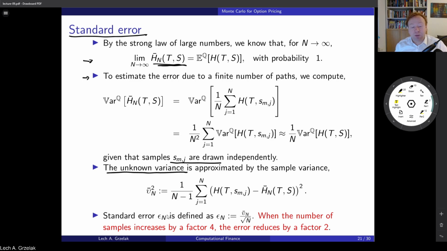And then the definition of the standard error, the error that we are actually interested in, how much variability is in our expectation given a certain number of paths, is known asymptotically to converge to the following quantity: the standard deviation that we compute from this expression, divided by the square root of n, the number of paths.